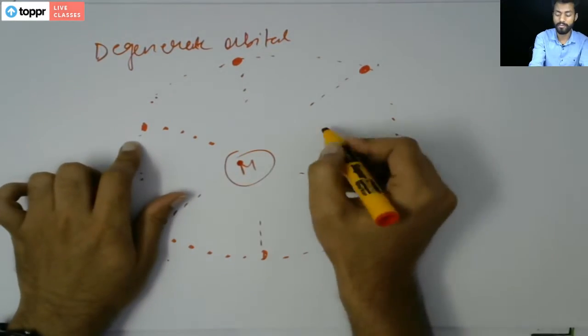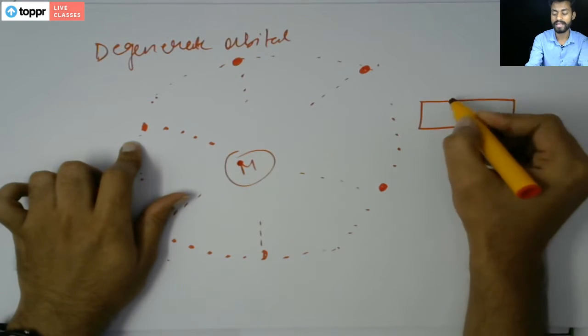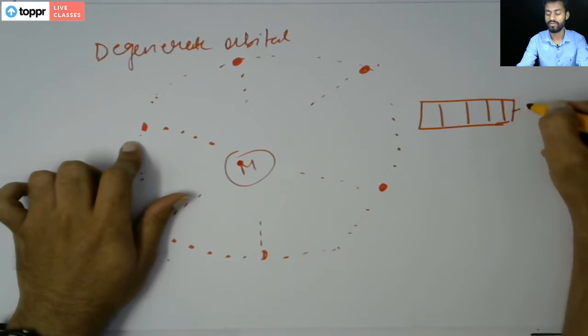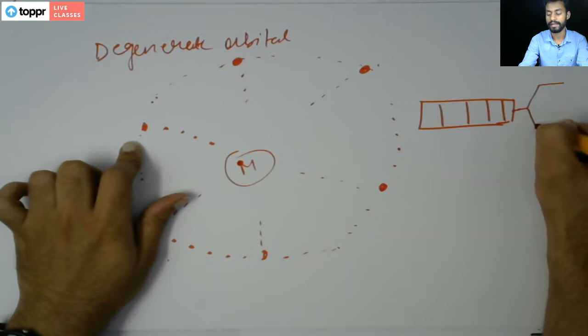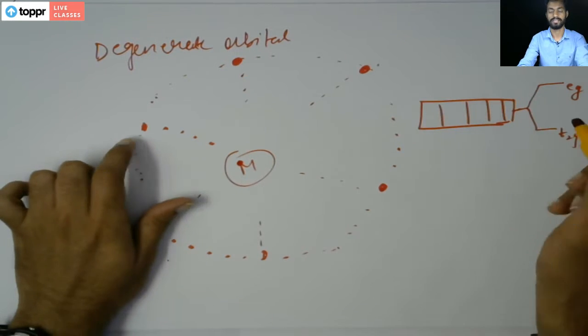The 5 orbitals which we have split into 2 different sets, which we call T2G and EG orbitals.